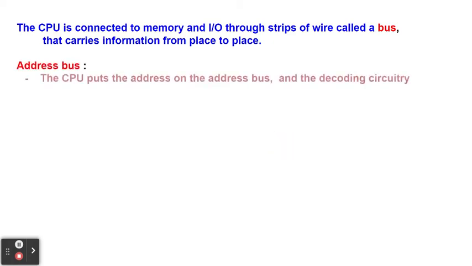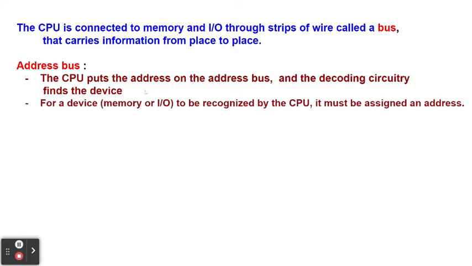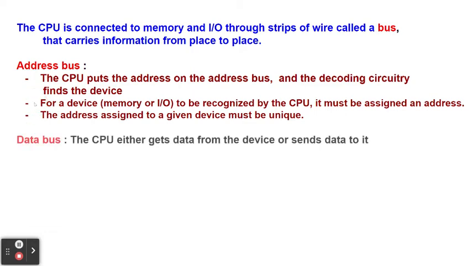This bus carries information from place to place. We have here the address bus, where the CPU puts the address on the address bus and the decoding circuitry finds the device. For a device, memory or input-output, to be recognized by the CPU, it must have an address, and the address assigned to this given device must be unique. It means that it's the only one with that particular address.